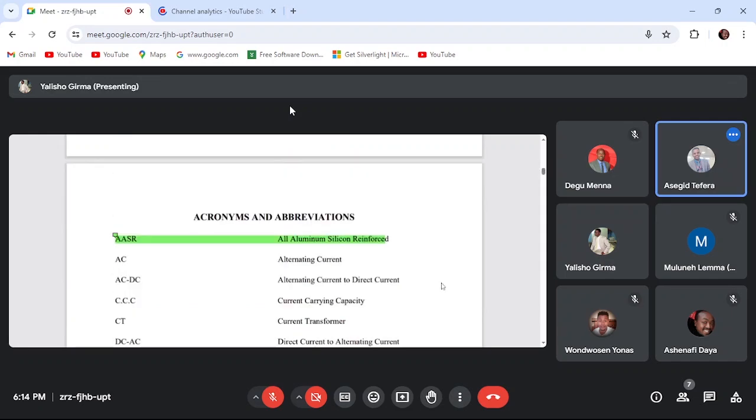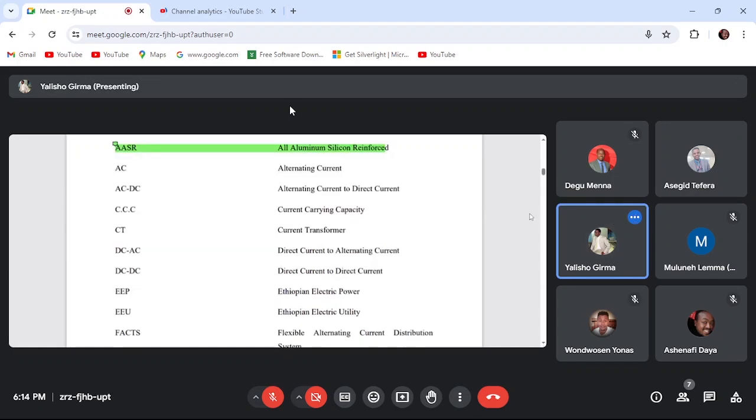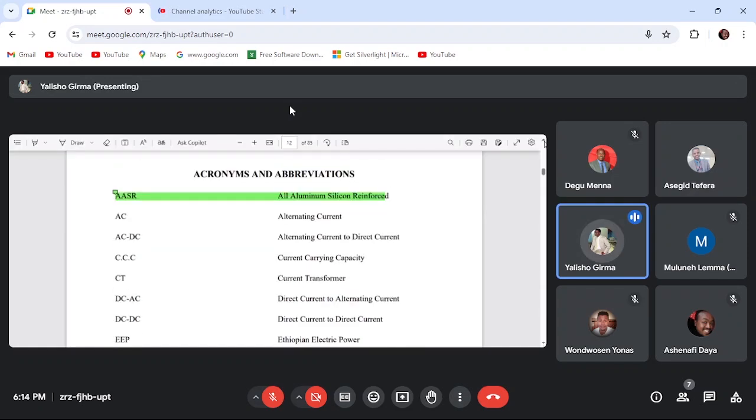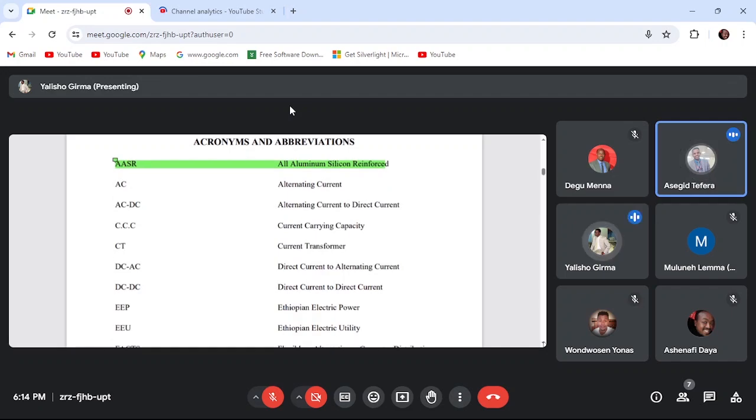So, looking at your acronyms and abbreviations, it was put in a nice manner, but AASR, the first acronym you have defined, stands for all aluminum silicon reinforced.